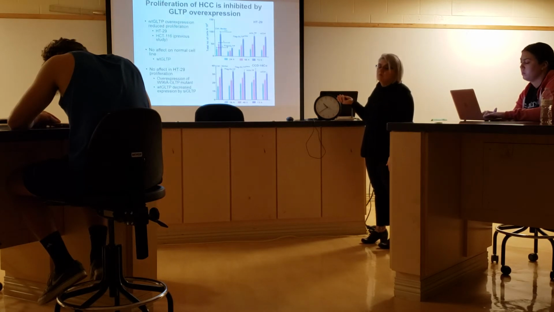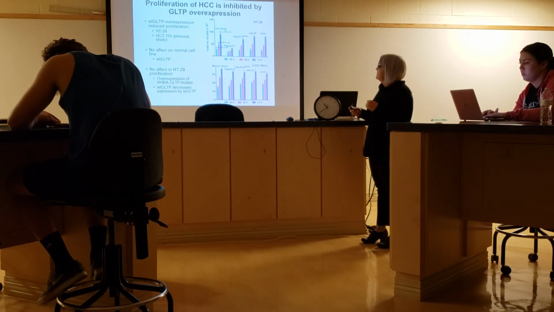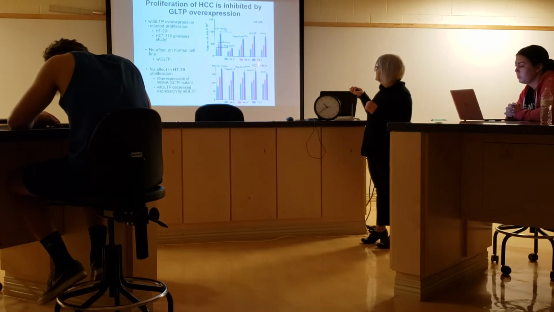So to answer that question, as mentioned before, they transfected those vectors into the HT29 cell line along with the normal cell line. And that's what you'll see here, the HT29 and the normal colon cells.